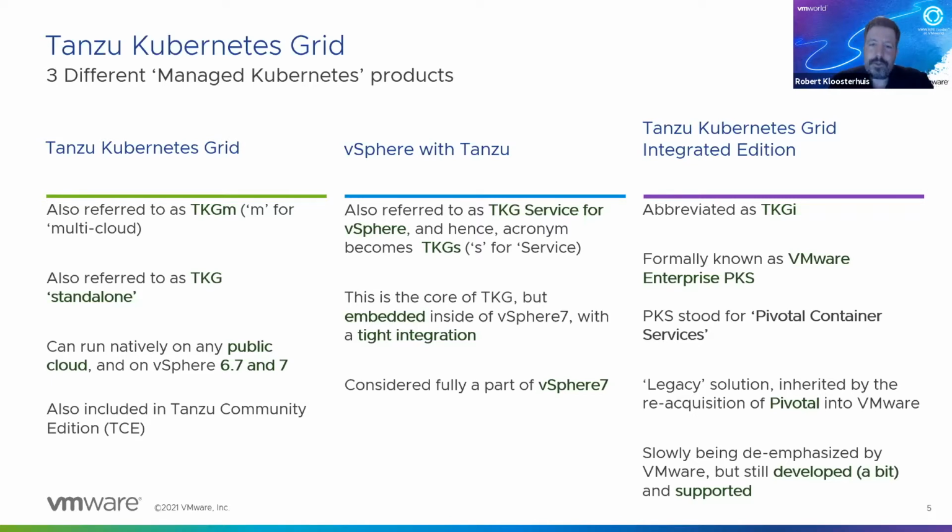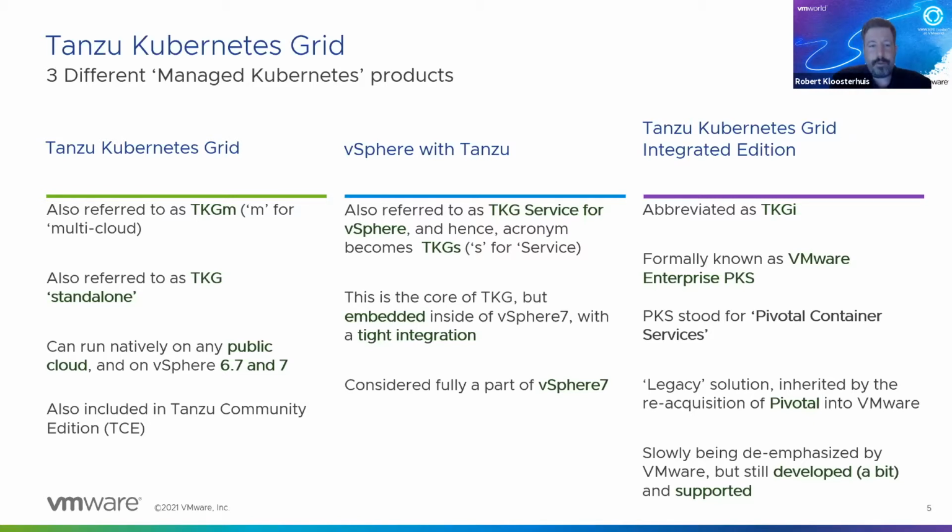Then we have the two new guys on the block. Tanzu Kubernetes Grid, it's just called that, TKG, and then something called vSphere with Tanzu. Now, inside VMware or in various places within the community, you might see these versions referred to as TKGm and TKGs. The reason is they're both kind of TKG.